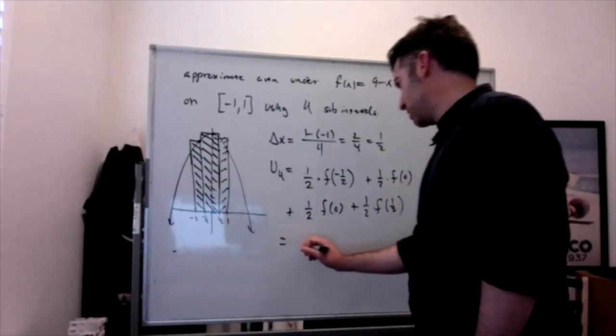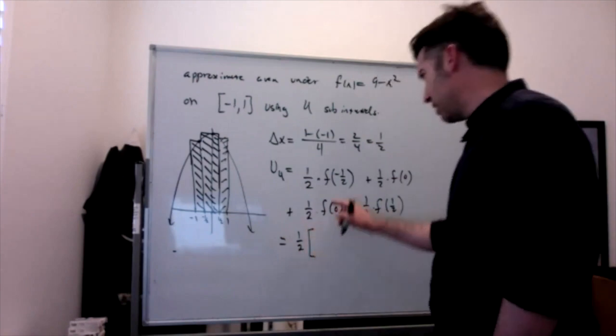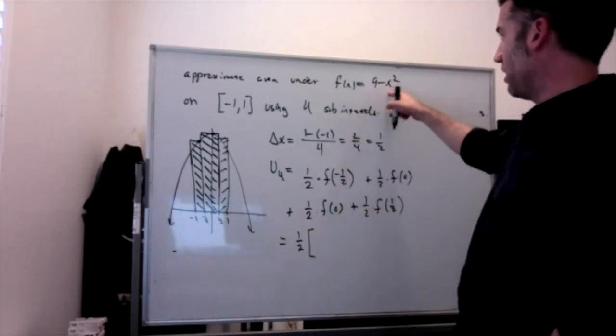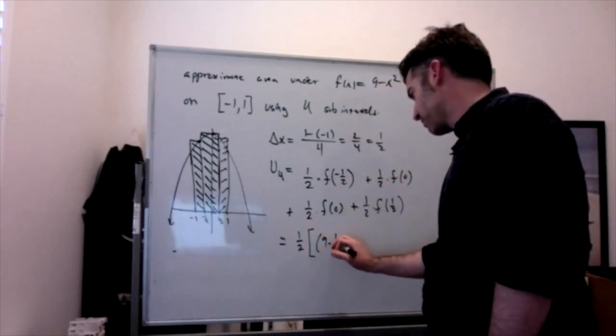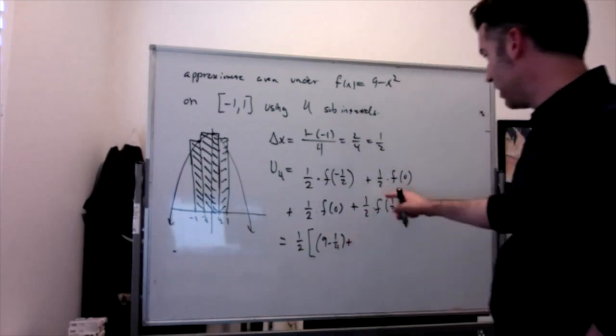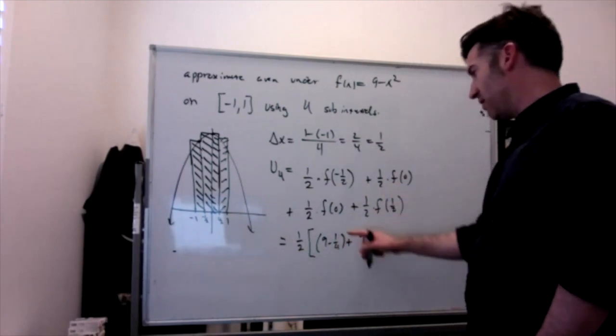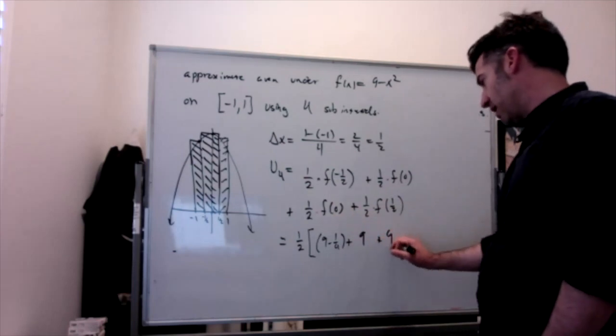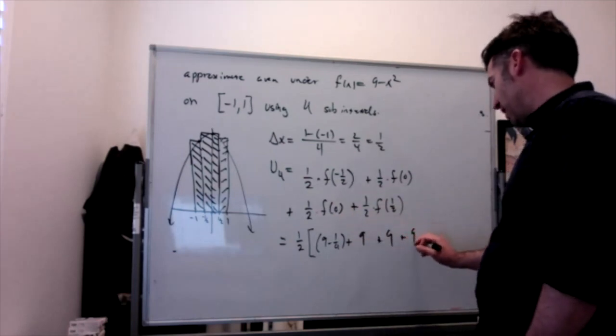So in the beginning, 1/2 times f of -1/2, which is 9 minus 1/4, plus 1/2 times f of 0, which is 9. And then I get those again, right? I get another 9, and I get another 9 minus 1/4.